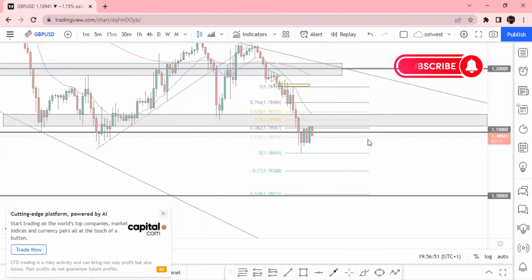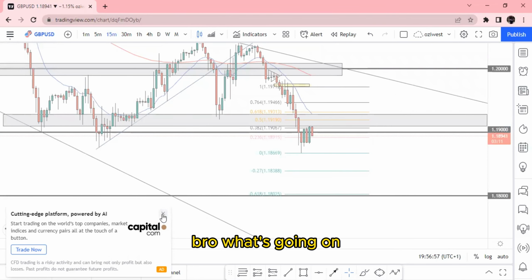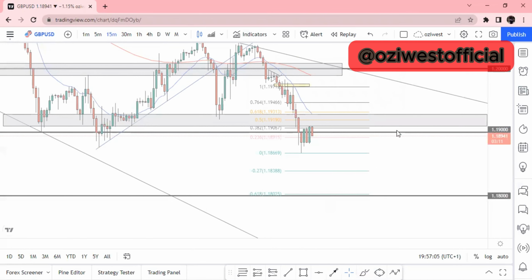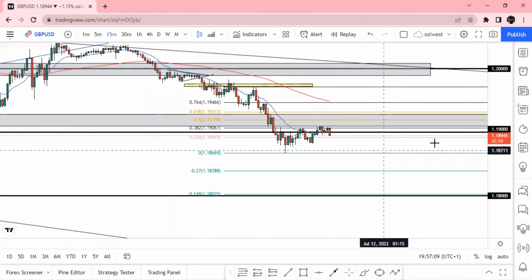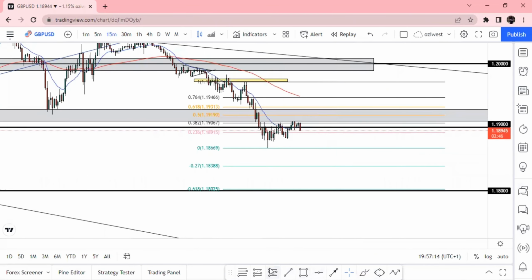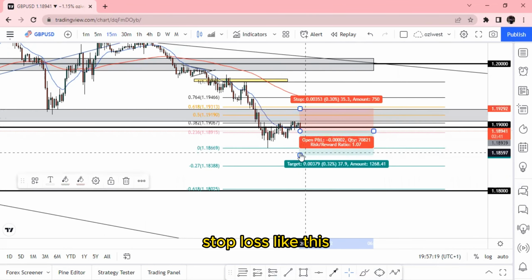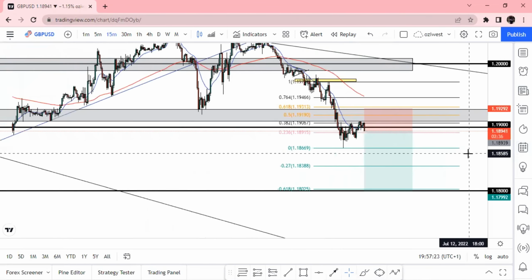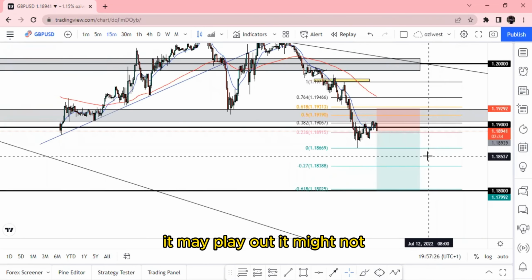Let me see. Something like this, stop loss like this, take profit like so. Might play out, might not.